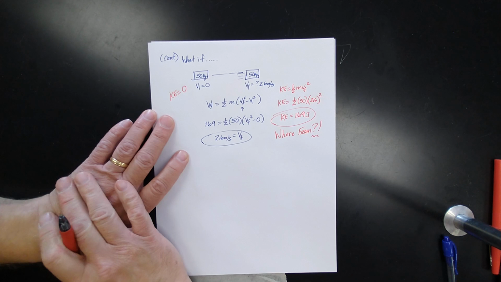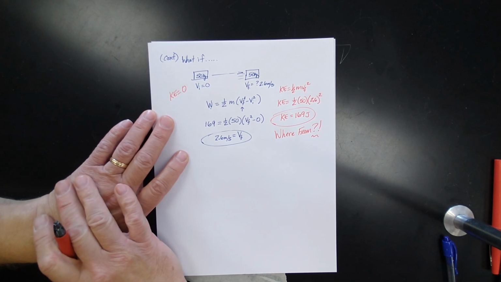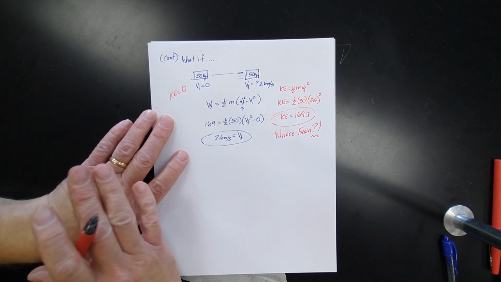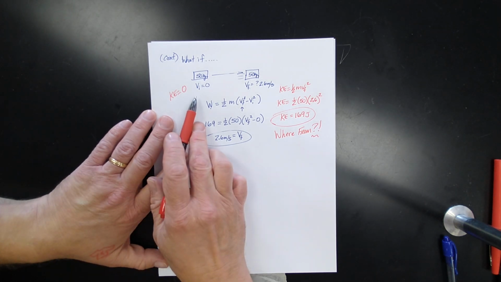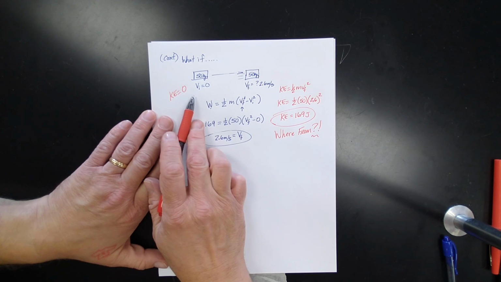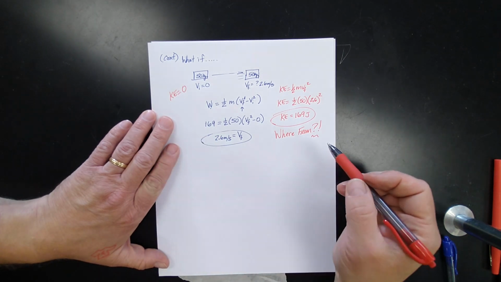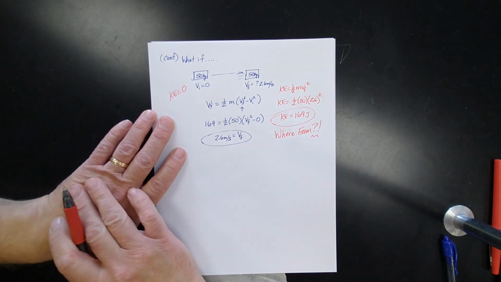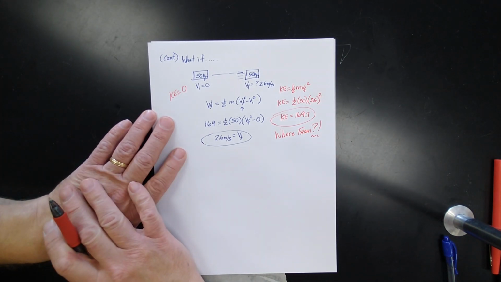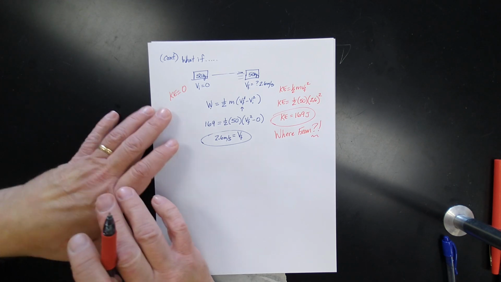The law of conservation of energy states you can't create energy nor destroy energy. Remember that from middle school? So we've got a box sitting here doing nothing. It's got no energy at all. And yet suddenly, 2 meters later, it's got 169 joules of kinetic energy cruising along. So where did we get that energy from?